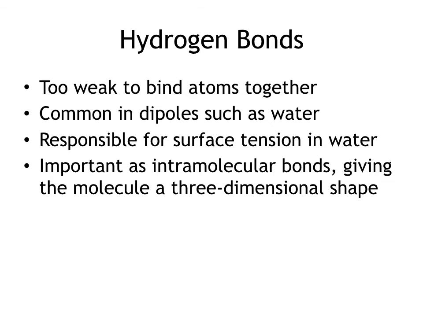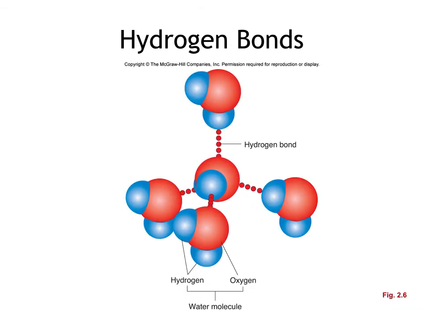Okay, hydrogen of one water molecule will be attracted to the oxygen of another water molecule, and this attraction is called a hydrogen bond. It's not a true chemical bond, it's just an attraction. But this is what makes water so unusual, that water is attracted to other water molecules.